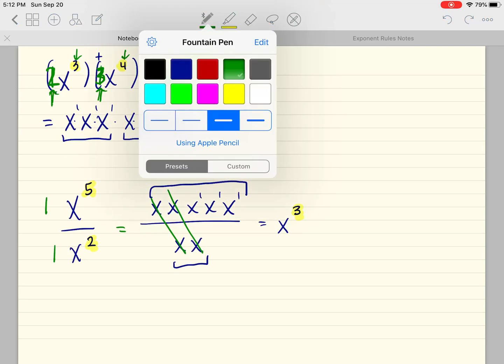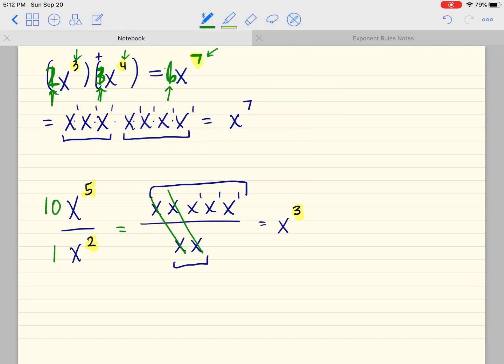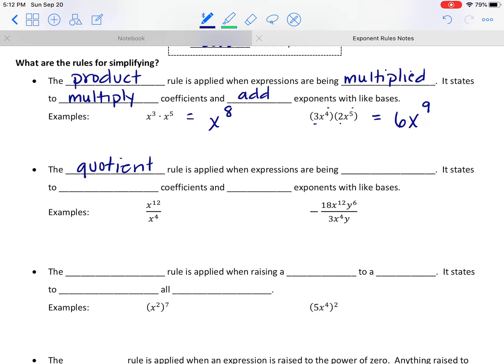But if our coefficient was 10 here, and our coefficient was 5 here, then we divide those coefficients, so 10 divided by 5 would give us a 2 in front. So it's the exact opposite of the product rule. Instead of multiply coefficients and add exponents, we're going to divide coefficients and subtract exponents.